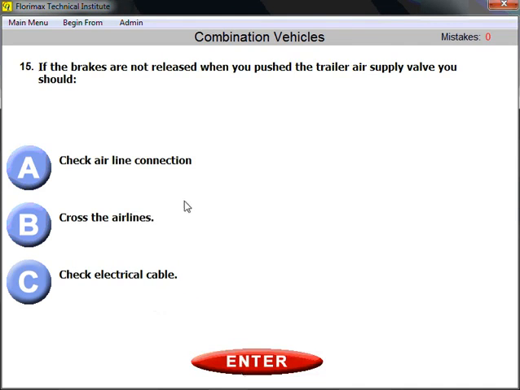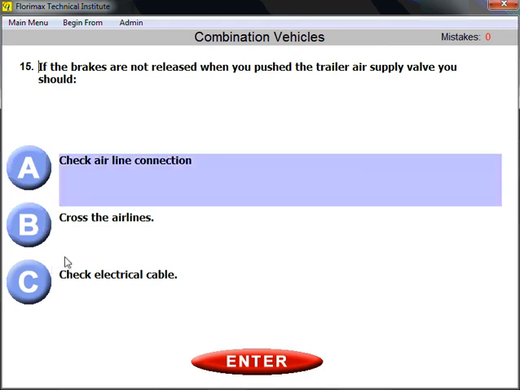Question number 15. If the brakes are not released when you push the trailer air supply valve, you should check airline connection. Something is wrong, so you need to check first. Always check first.